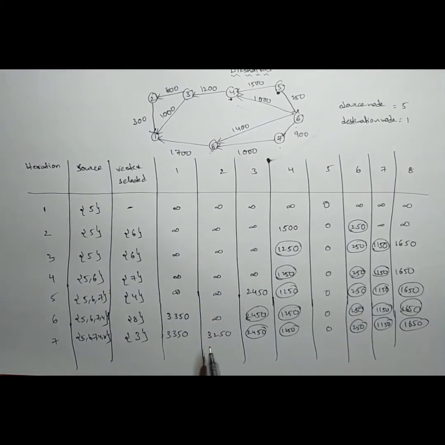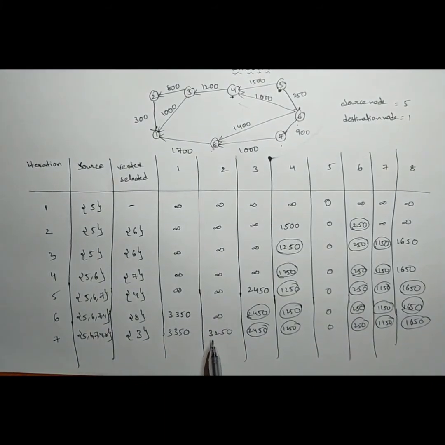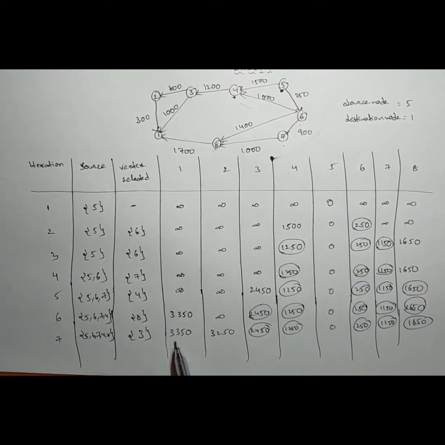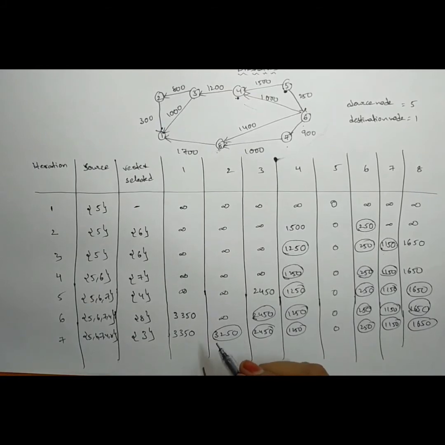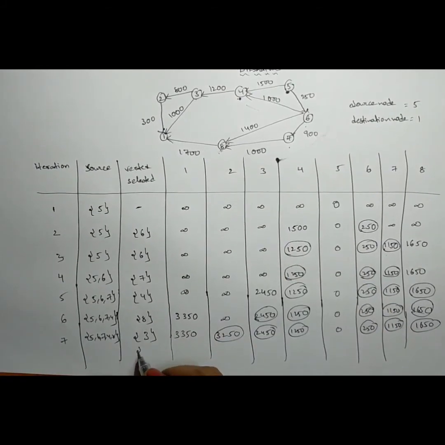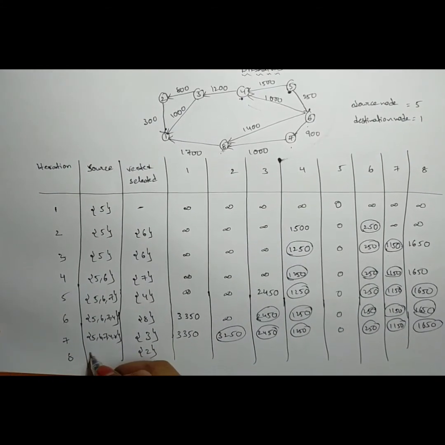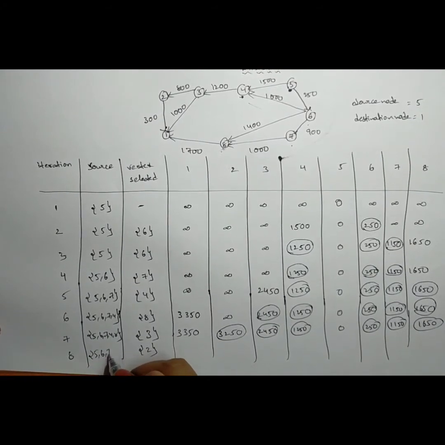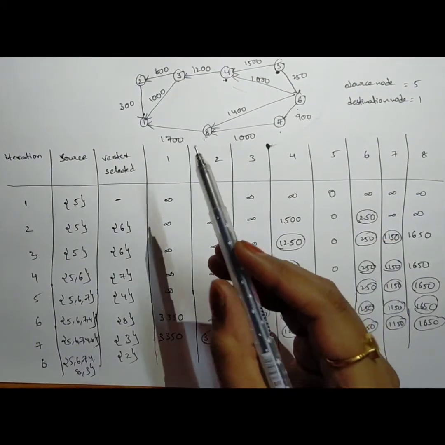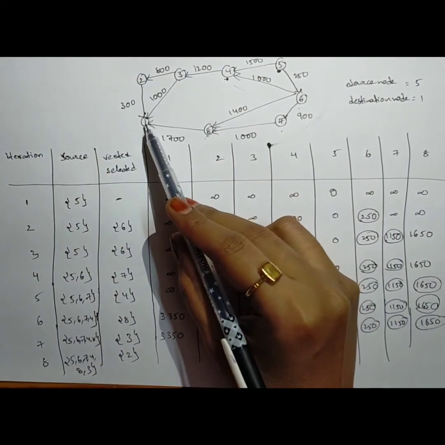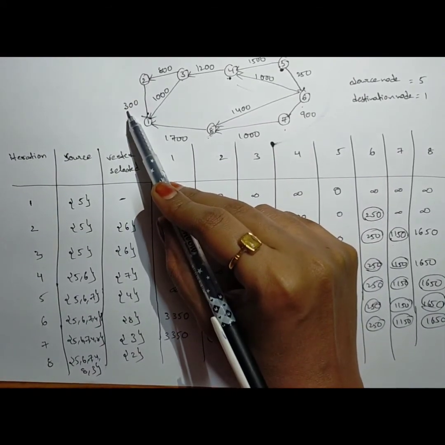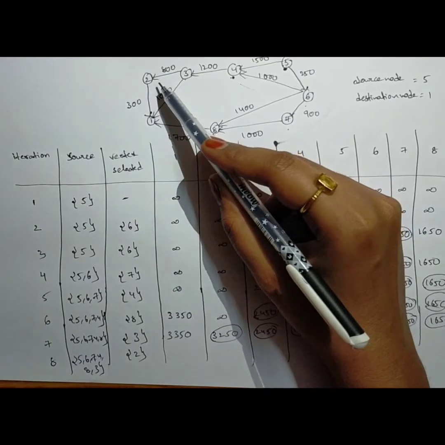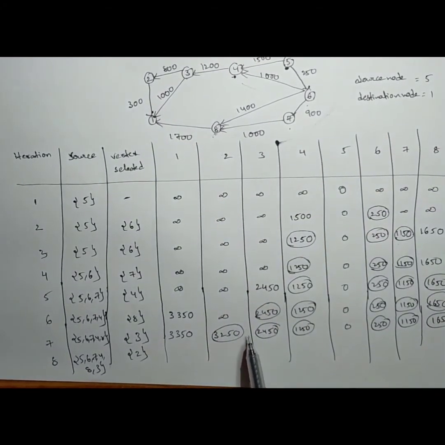Now you need to choose the shortest distance from 3250 and 3250. The shortest distance is 3250. So I am selecting the vertex 2 in the 8th iteration. From vertex 2 we have only one directly connected edge, that is 2 to 1 with a distance of 300. Till 2 we have a distance of 3250.